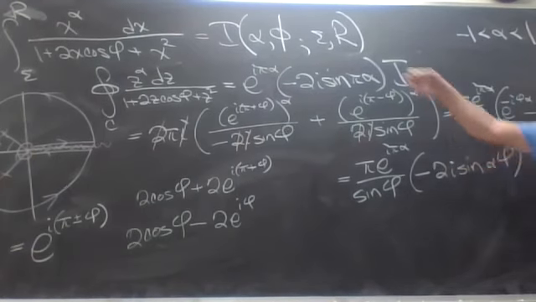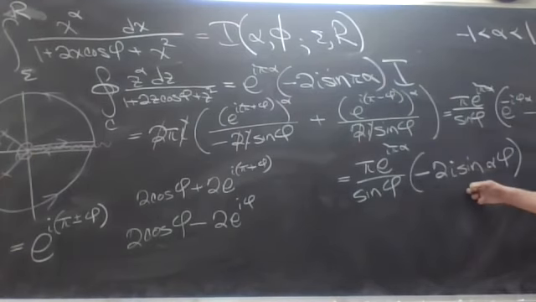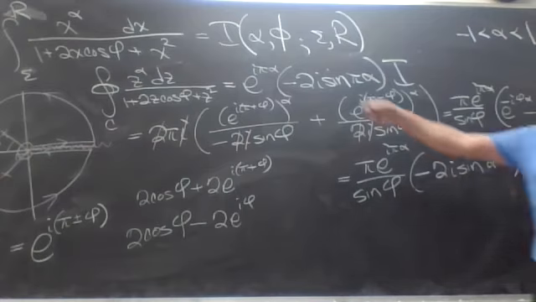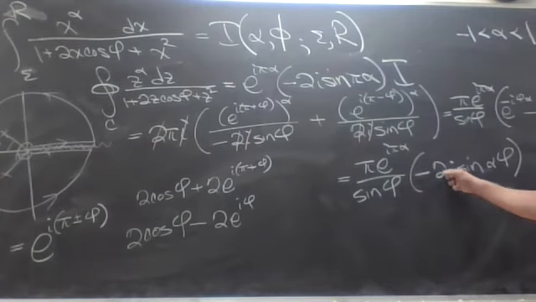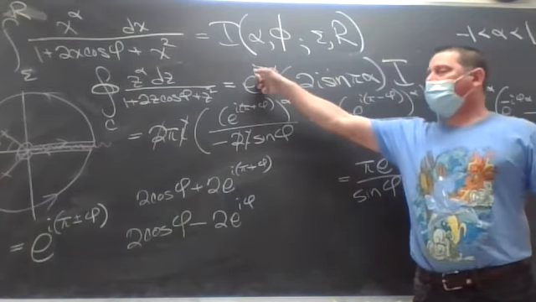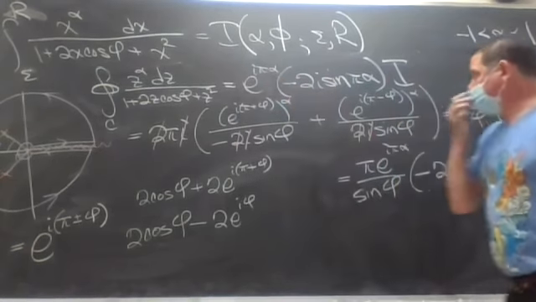All right, these two things are equal to each other, so the minus 2i cancels out. Importantly, the e to the i pi alpha cancels out.